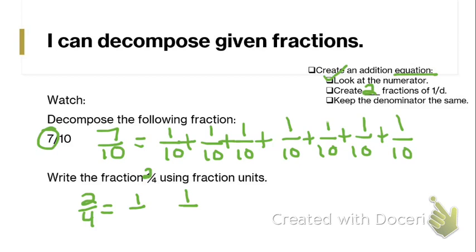Eventually, I'm going to have to put my plus sign there. Okay, so I've done that. And then I need to keep the denominator the same. And if I want to check my work, I can simply say, okay, 1/4 plus 1/4 does equal 2/4. I am correct. I also made sure that I have an addition equation, meaning I have an addition sign and an equal sign, so it is doubly correct, okay?